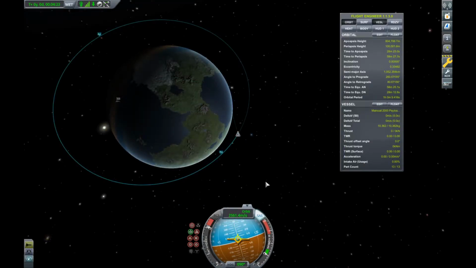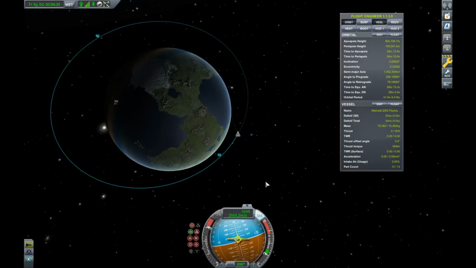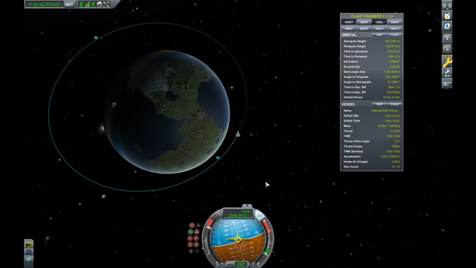So I think that's it for this episode. I just wanted to go over what delta V is. It is the change in velocity. Why it's important, why we use it, which is to say it gives us an easy to use measure that doesn't change from ship to ship of what it takes to perform any specific maneuver to get to a certain place.